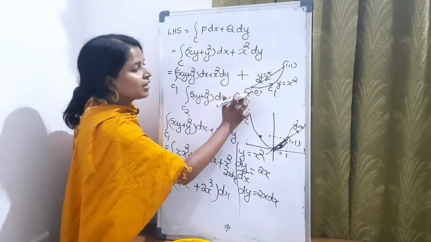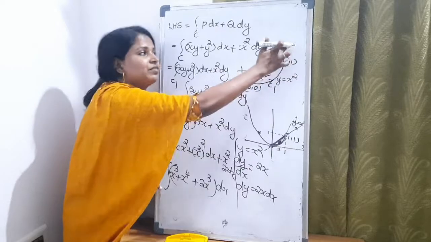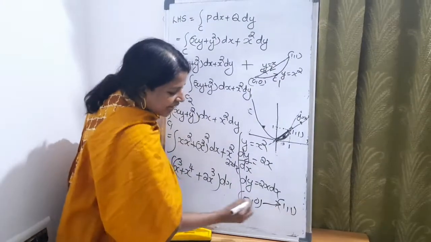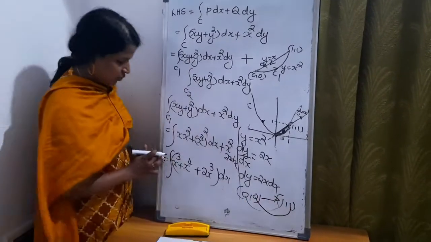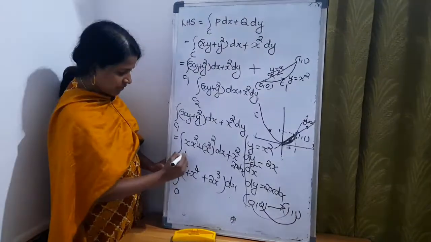Here, the direction is anti-clockwise, (0, 0) to (1, 1). That is, x varies from 0 to 1 and y varies from 0 to 1. So the limit of x is 0 to 1.